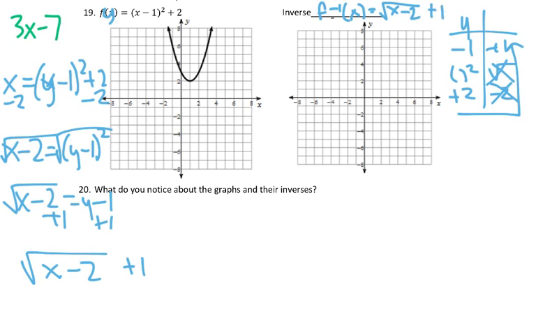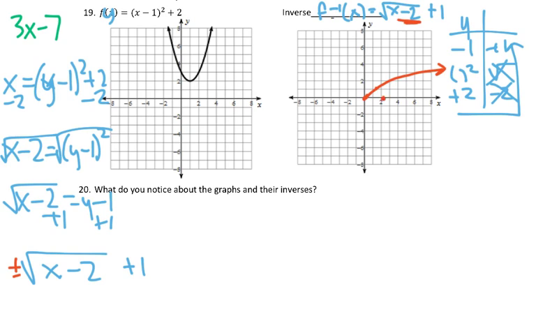Now, if I'm thinking transformation-wise, my square root looks something like this. And because of the nature of squares and square roots, I'd actually kind of have to do the positive and negative version of this to make it match up exactly. Okay, but I'm shifting it to the right 2 because it's minus 2, and then the inside it's opposite.